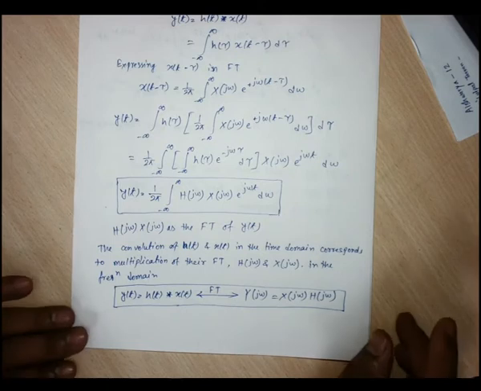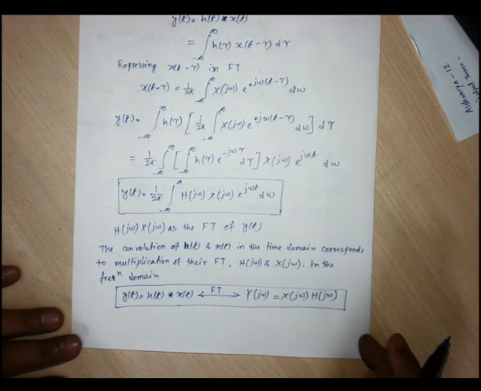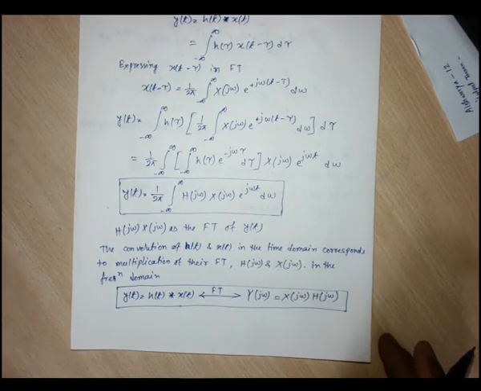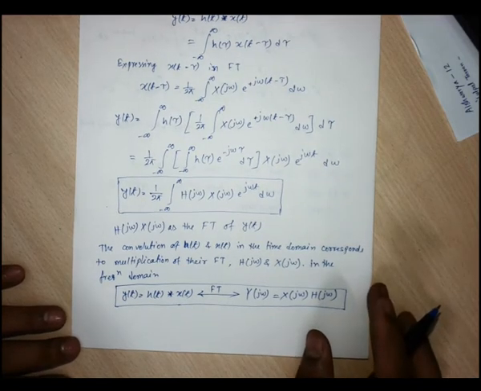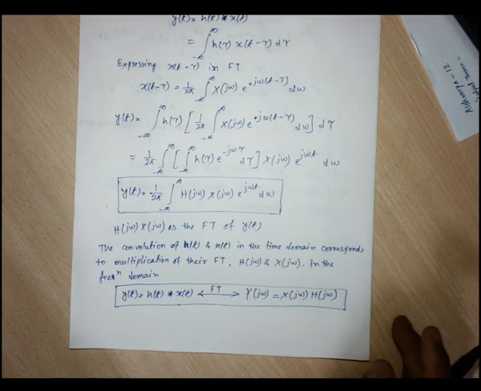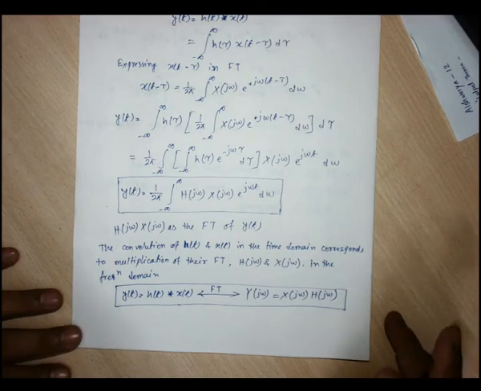Okay, so it is one of the most important properties: if we need to take the convolution between two time domain signals, it is better to first take the Fourier transform and simply multiply the two. It is the same as the convolution in the time domain.